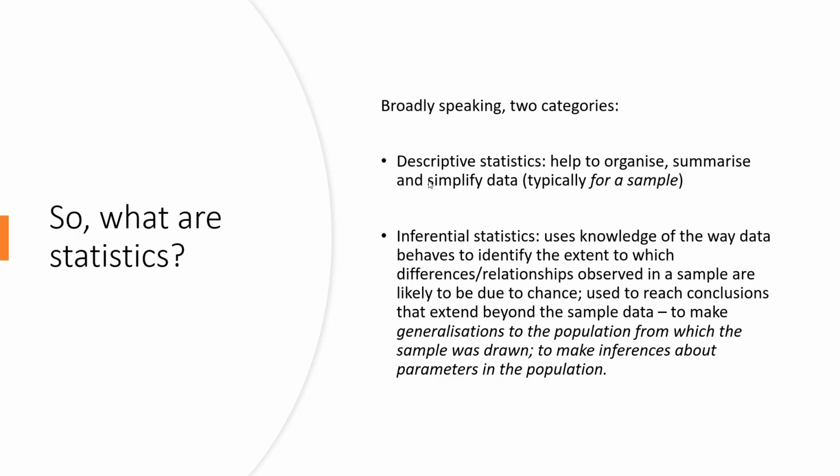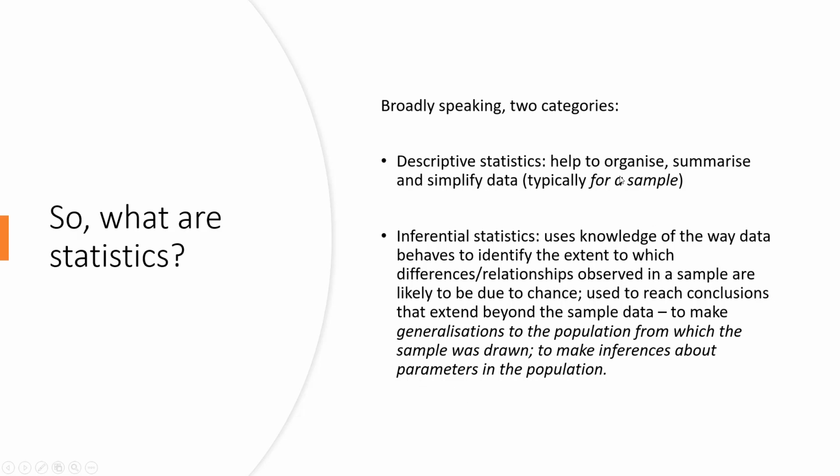Whereas inferential statistics use things that we know about the way data behaves, in order to explore whether things that we've observed are likely to have happened by chance, or if there's a genuine difference between groups of individuals or relationships between variables. So what we're aiming to do with inferential statistics is use the information from our sample to generalize back to the population that it was drawn from, and to make inferences about the parameters in a population.